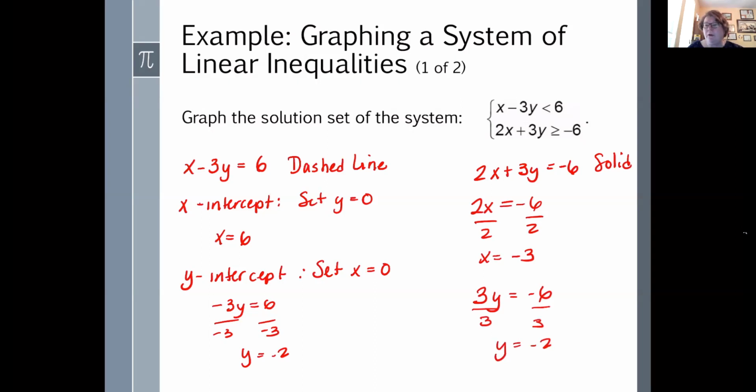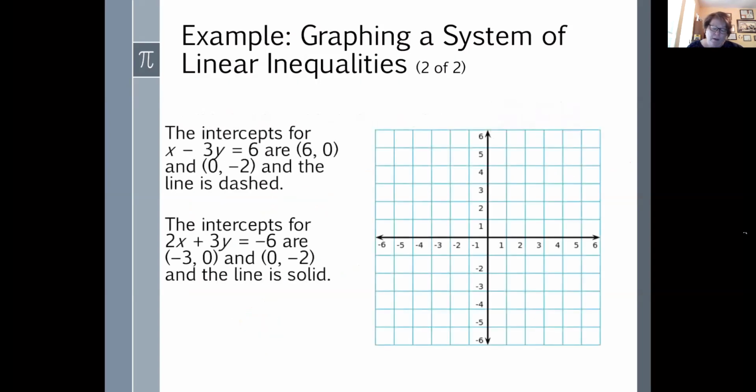So I'm going to graph those intercepts on my coordinate plane. Okay, so we have (6, 0) and (0, negative 2). And we're going to graph that as a dashed line. All right, and then we're going to graph (negative 3, 0) and (0, negative 2). And we're going to graph that as a solid line.